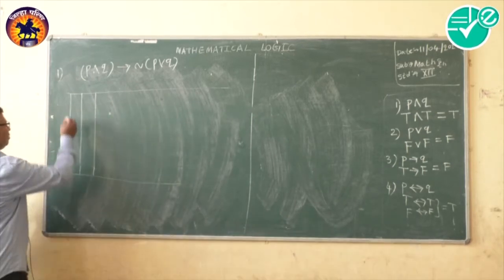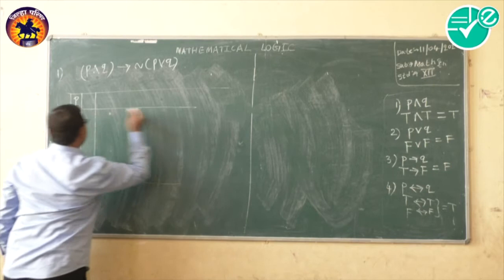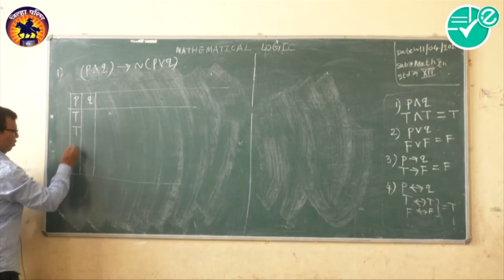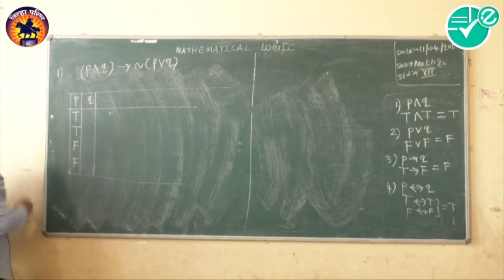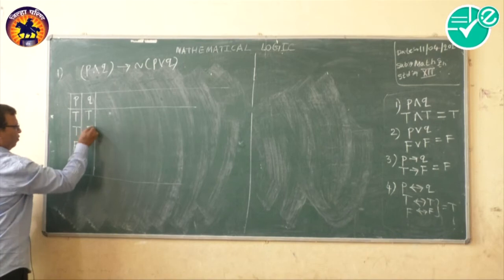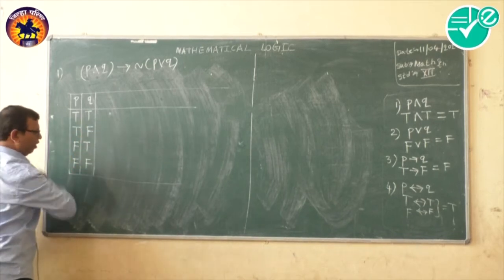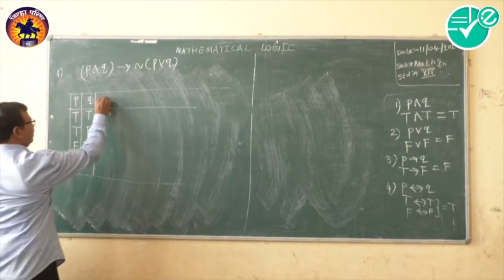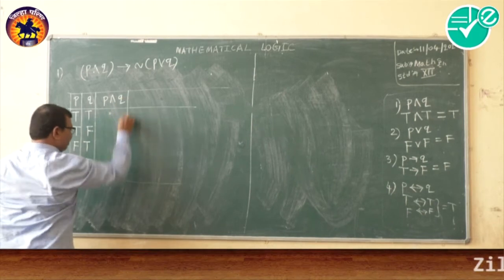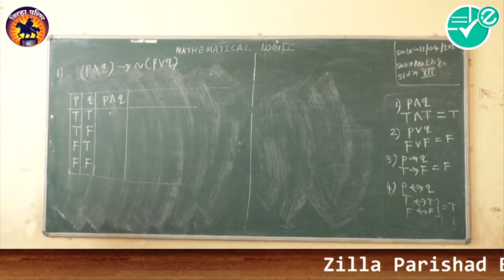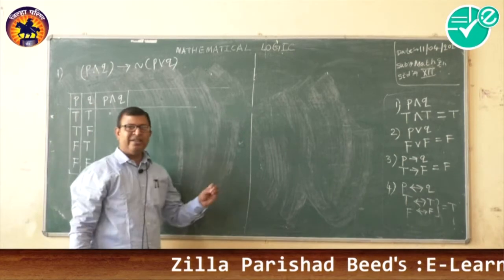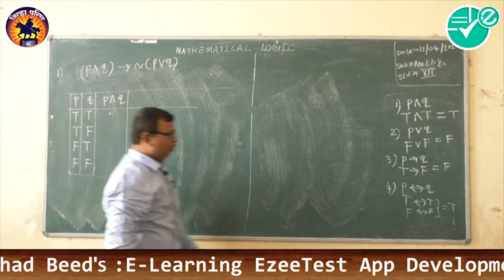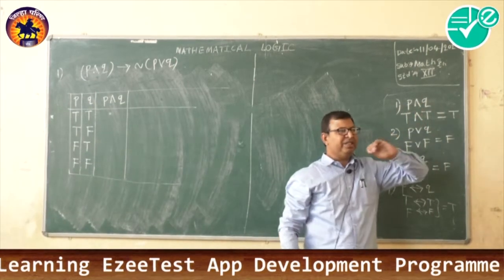Now see, here it is P, and here it is Q. What is P? True, true, false, false. What is Q? True, false, true, false. Now first of all we have to solve P conjunction Q. What does P conjunction Q say?